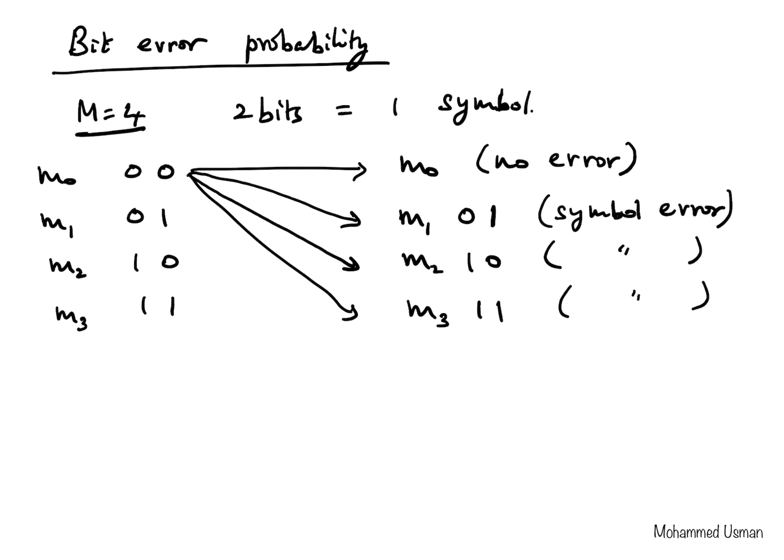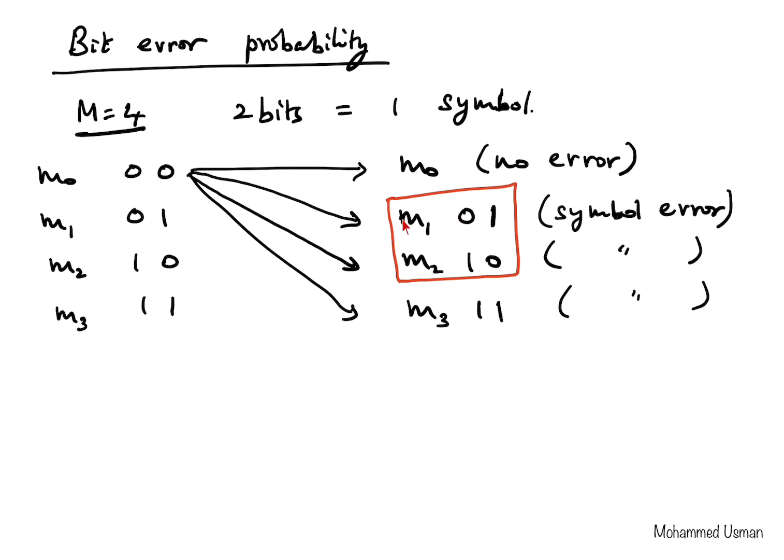But what we notice is, when we have a symbol error where M0 became M1 or M0 became M2, in both these cases, the number of bits in error is 1. Out of the 2 bits, only 1 bit is in error. So we had 0 0. Out of these 2 zeros, the first 0 is still correct.